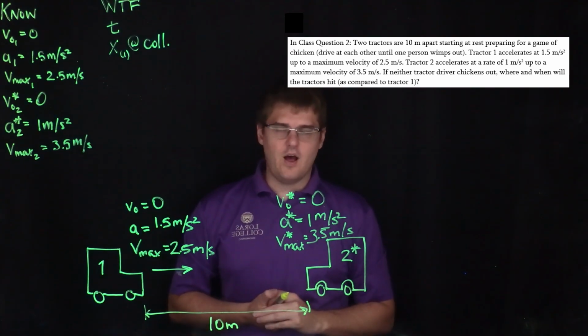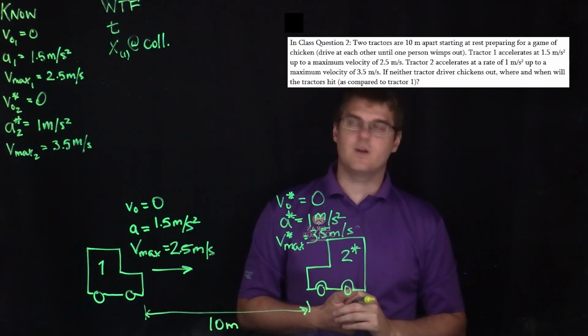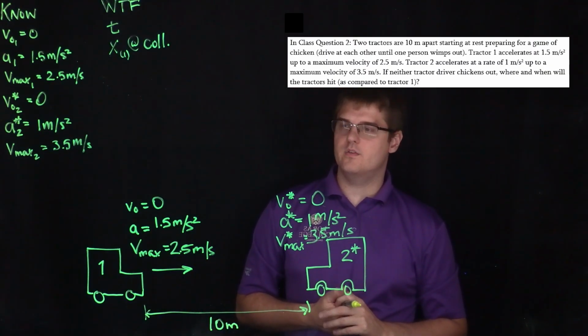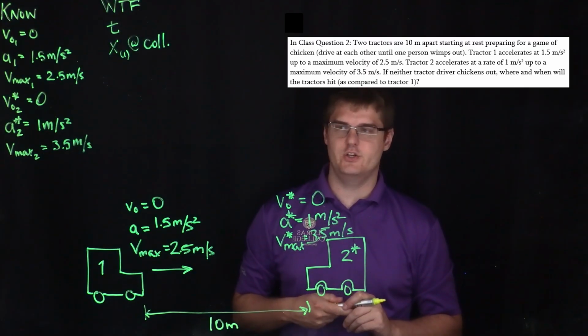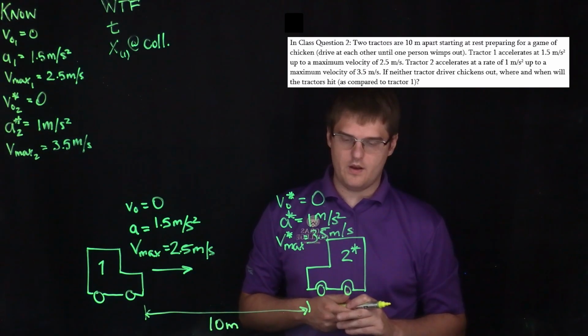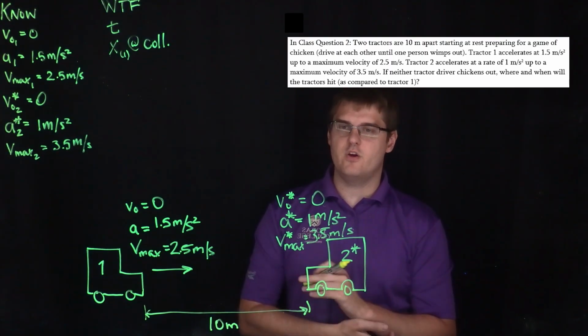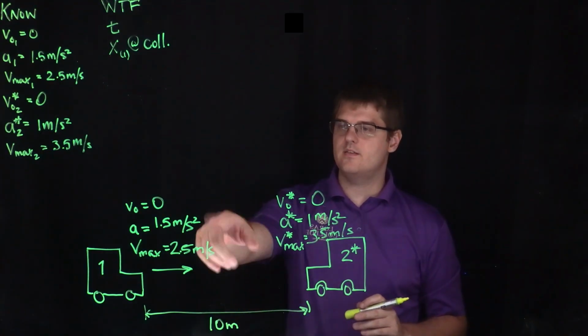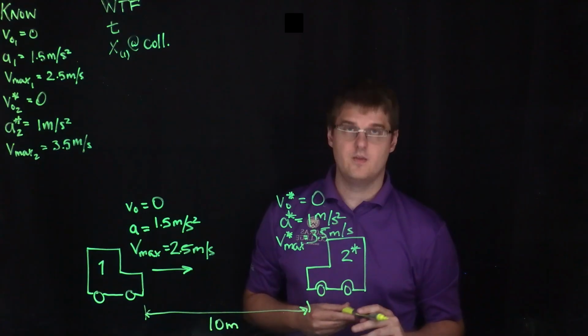Now, I cannot just use my relative velocity trick like we did on day one because the velocities are changing, relative velocity is changing. So what I'm going to do is start by figuring out how long it takes each of these tractors to reach maximum velocity.